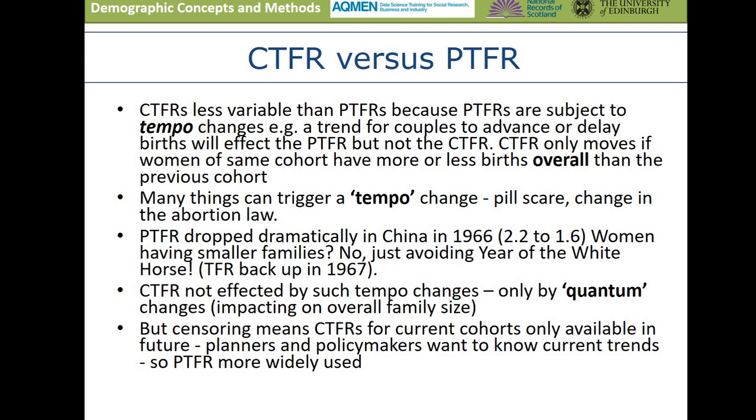The cohort total fertility rate is not affected by tempo changes, only by what are known as quantum changes, where there's an impact on overall family size. But the drawback of the cohort total fertility rate is, as I've mentioned, this issue of censoring, that we cannot calculate the cohort total fertility rate for many cohorts who are currently within the childbearing ages.